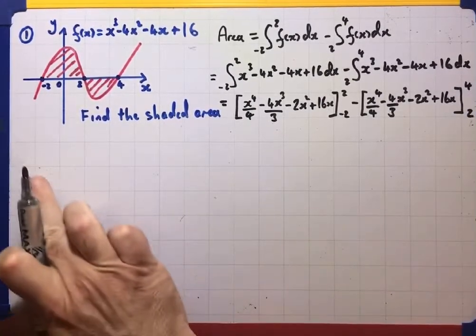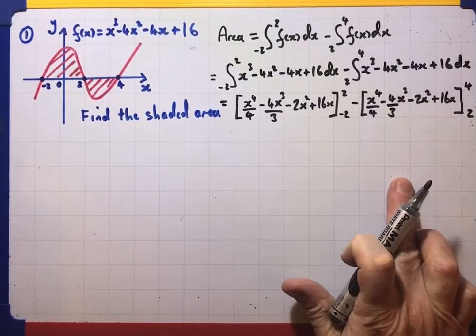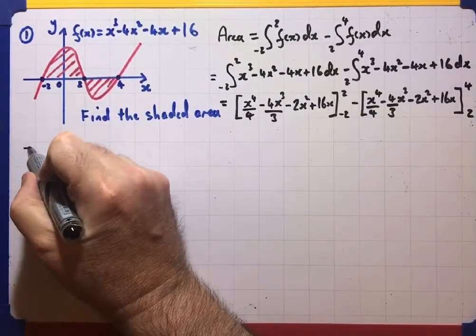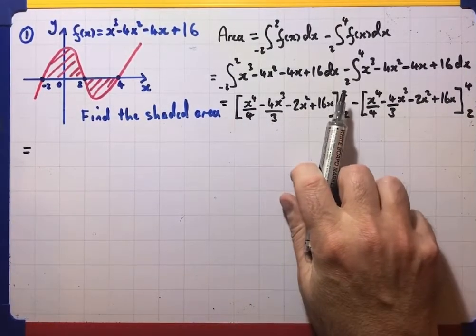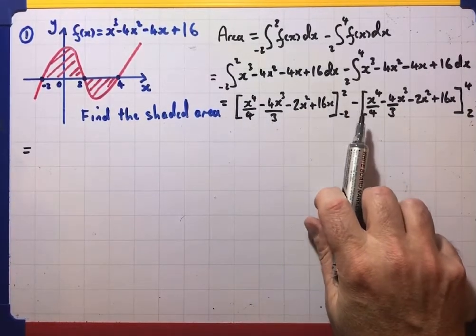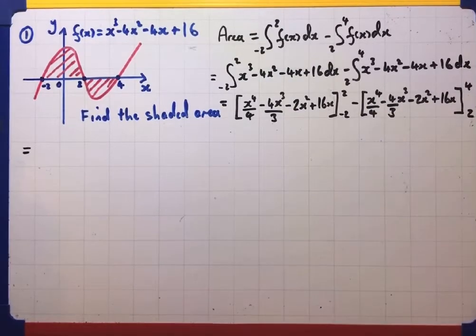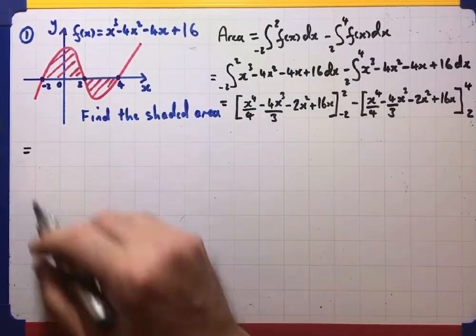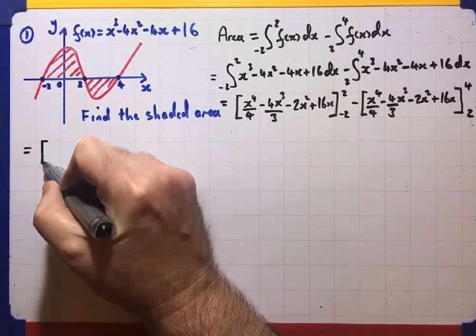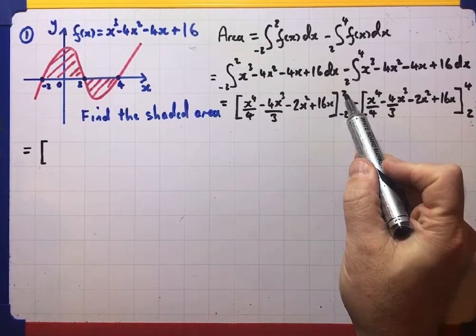Now we're going to need a lot of space for the next line. First of all we're going to have to do this between those two limits, then we're going to have to take away that one between those two limits. This is going to take a lot of space, but just go about it methodically, put in your numbers. So the first thing is the top limit.